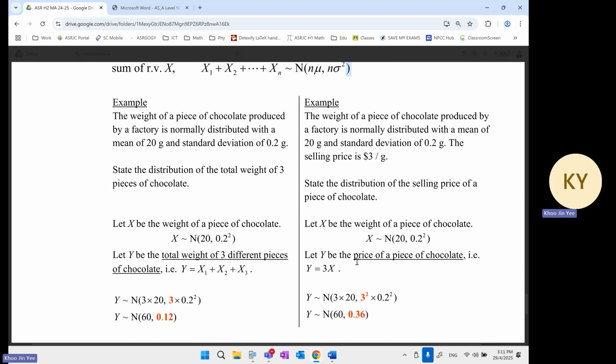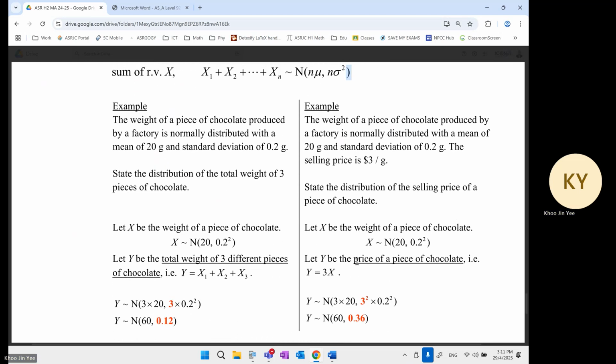Let's take a look at these two examples over here. First one: the weight of a piece of chocolate produced by a factory is normally distributed with the mean and variance like that, so mean and standard deviation like that. Now, we want the total weight of 3 pieces of chocolate.